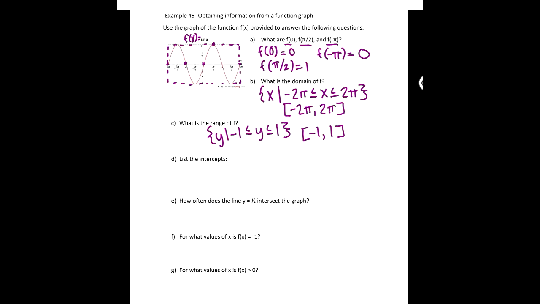List my intercepts. My intercepts are where the graph crosses the various axes. My y-intercept, I only have 1, and it's at (0, 0).